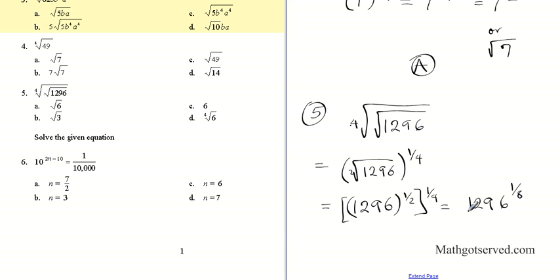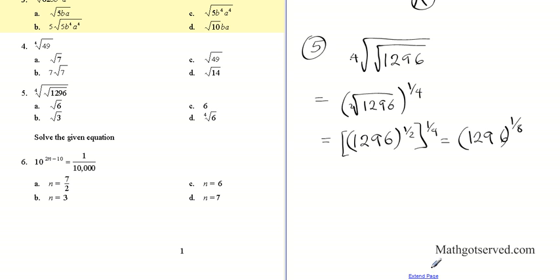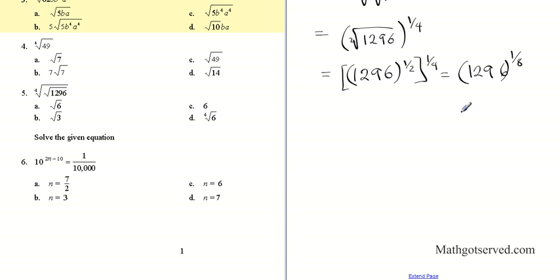Now, can I express 1296 as a power? That's the question. Well, let's see. For this one, I can break this down as much as I can. So, I have 1296. It's even, so I can take out a 2. So, take out a 2 from there.